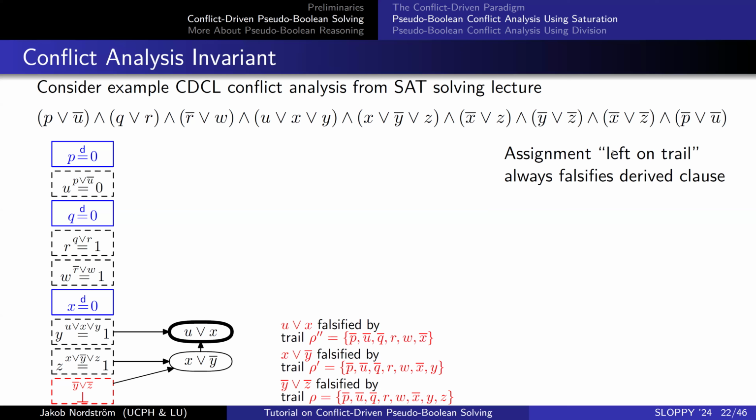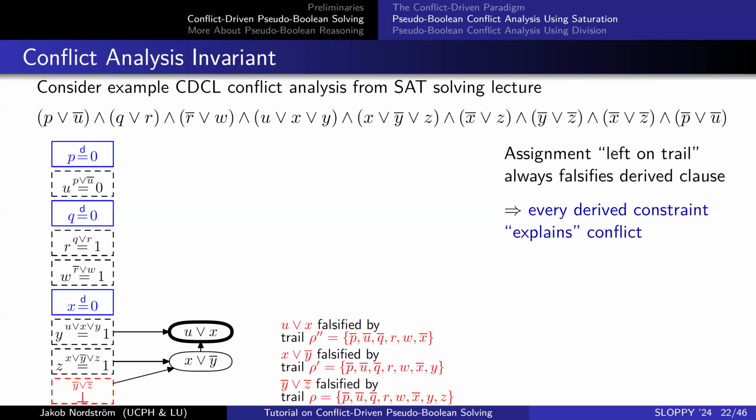So this means that at all times, these constraints are explaining that, although I have removed some assignments now, the assignments you made were already hopelessly wrong because of this. As I'm doing my conflict analysis, I'm maintaining the invariant that the derived constraint is explaining why the assignment up to this point is a non-starter.